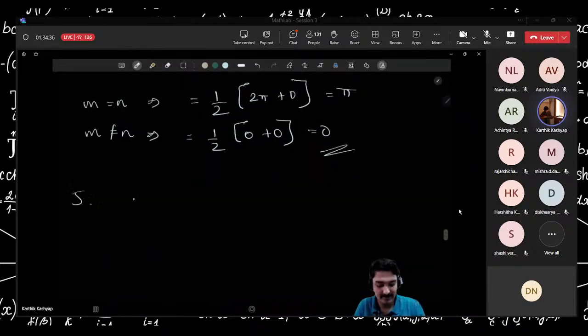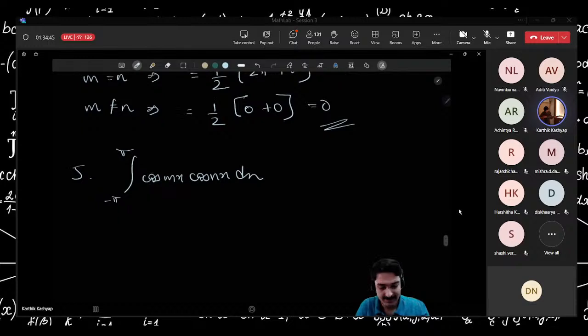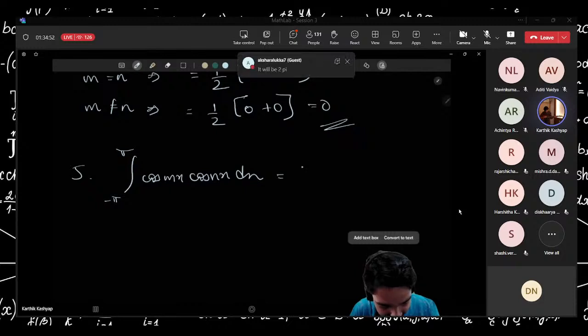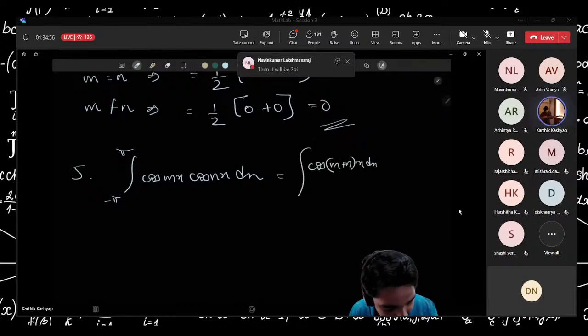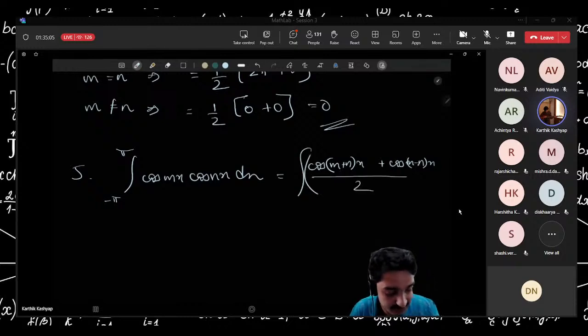So last, we'll take the integral of cos mx cos nx dx from minus pi to pi. We have taken sin and sin, and sin and cos. Lastly, cos and cos. Again, this is the same kind of transformation: cos c cos t becomes cos (m plus n)x plus cos (m minus n)x, divided by 2, with dx outside from minus pi to pi.